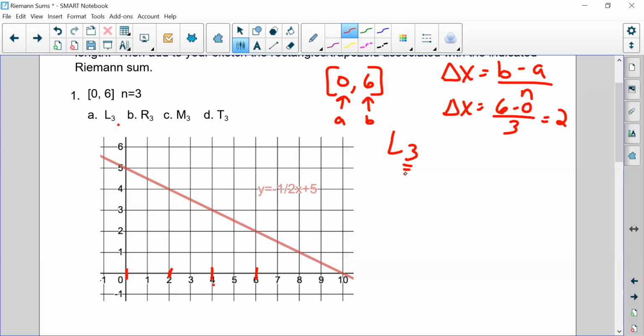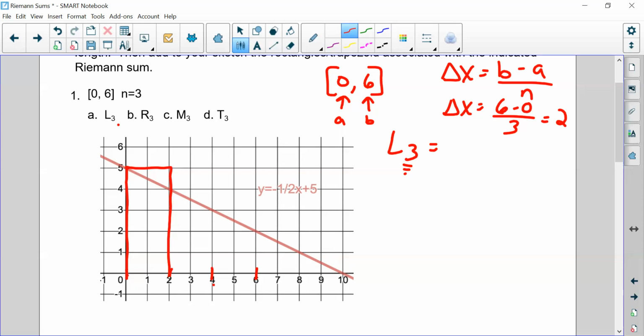Next, you look at your symbol. We want to find the left-Riemann sum, so the left endpoint of each interval decides the height of the rectangle. For the first rectangle, I hit the line at the left endpoint, and then I make a rectangle. That's my first rectangle for this Riemann sum.